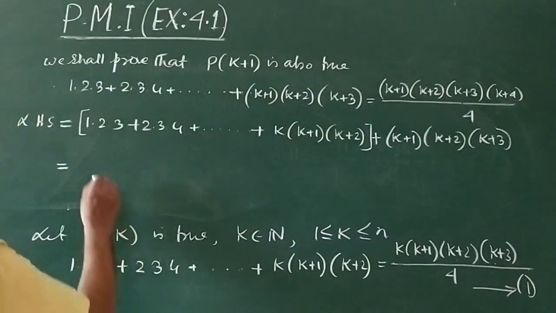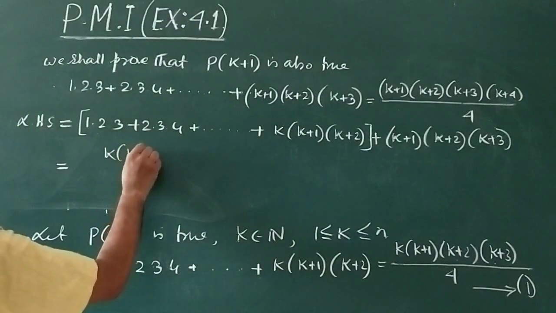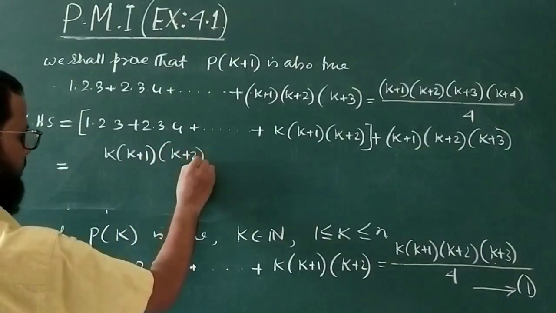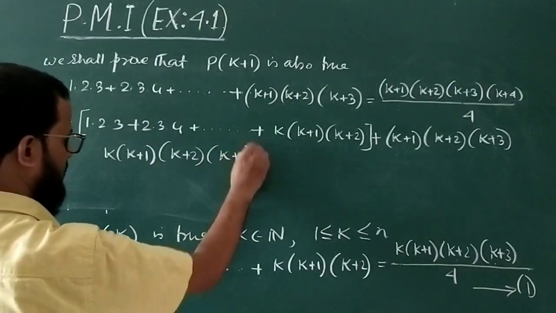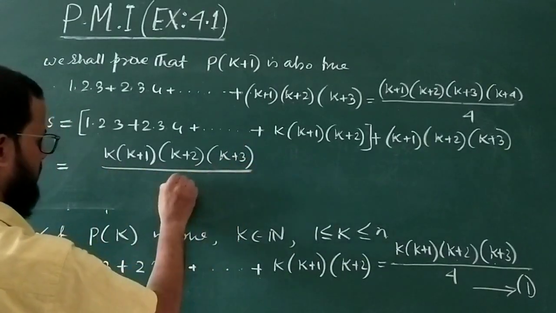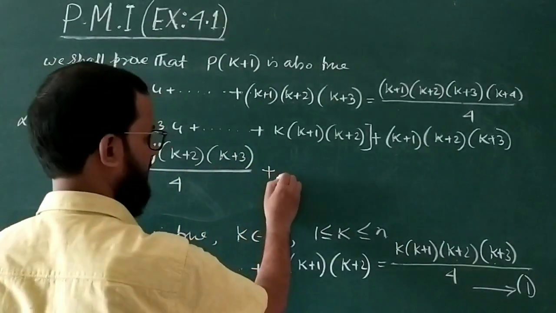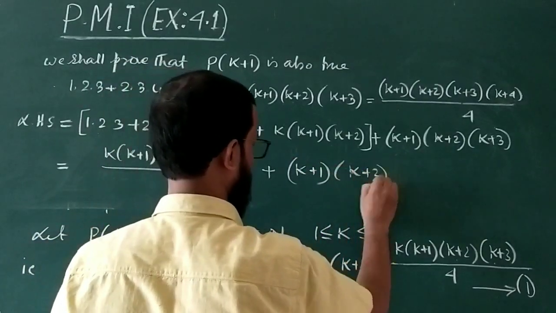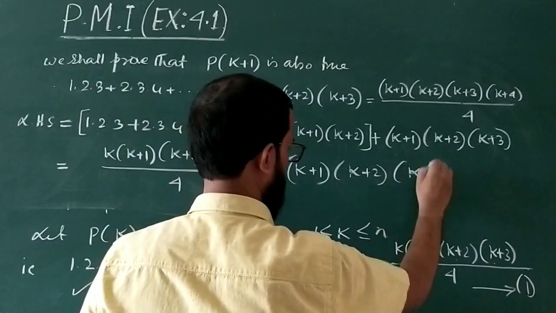So from here you can write, use this k into k plus 1, k plus 2 into k plus 3 divided by 4 plus k plus 1, k plus 2 into k plus 3.